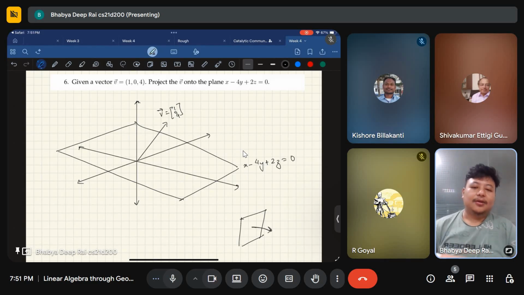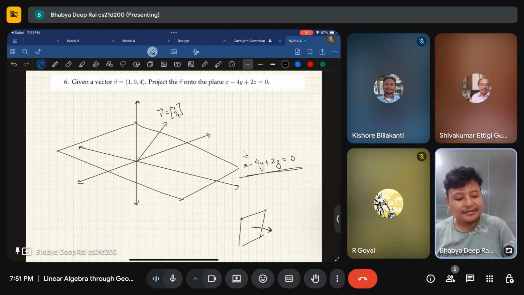So given the equation of a plane, can you find the orthogonal vector to it?